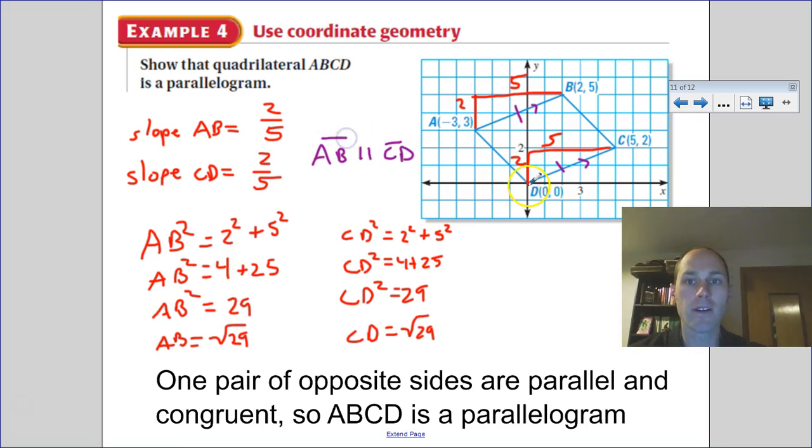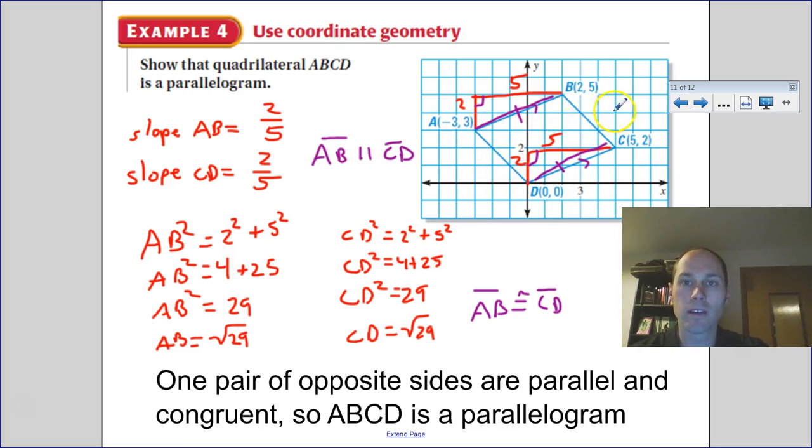And I also found their lengths. I used the Pythagorean theorem, made my right triangle for both of those sides, and found that AB equals square root of 29 and CD equals square root of 29. So I know AB is congruent to CD. So since AB is congruent and parallel, I have one pair of opposite sides parallel and congruent. Therefore, ABCD has to be a parallelogram.